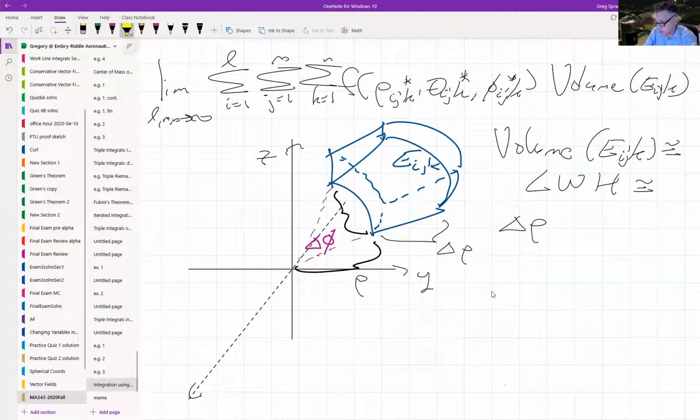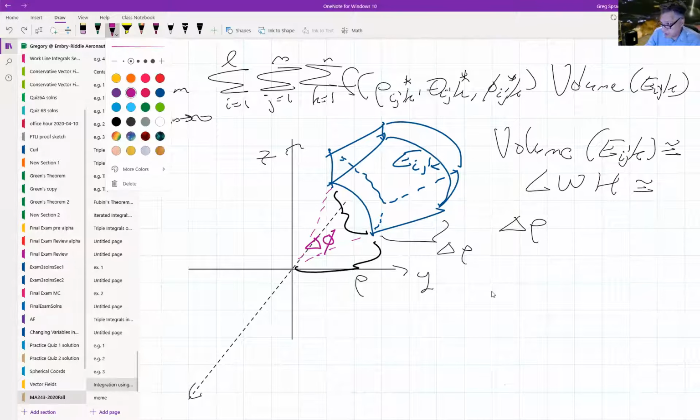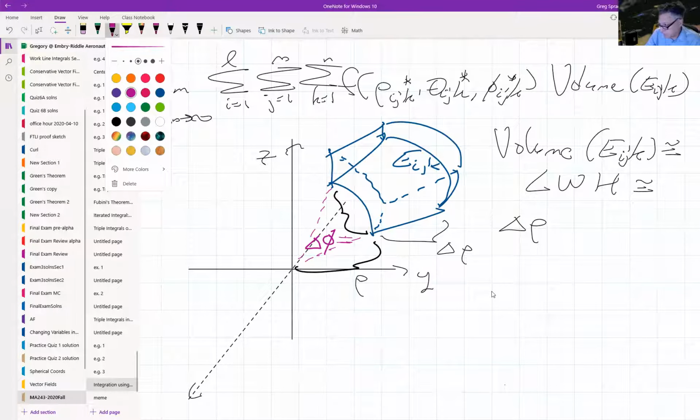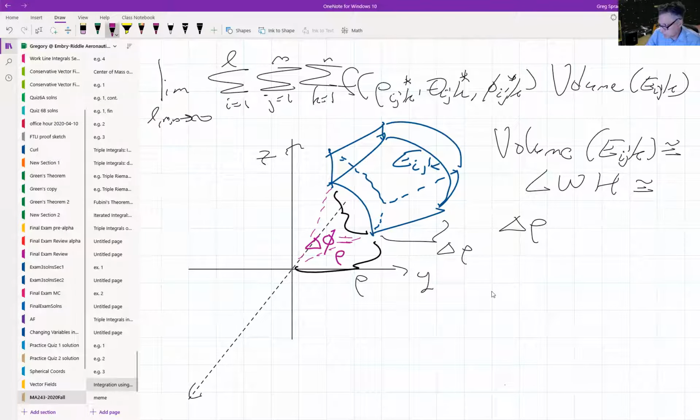And if the deltas are small, then that circular arc is real close to a line segment. And the length of the line segment is about the same as the arc length. And by the arc length formula, the arc length is the central angle times the radius, which is rho delta phi. So another dimension of this box is rho delta phi.